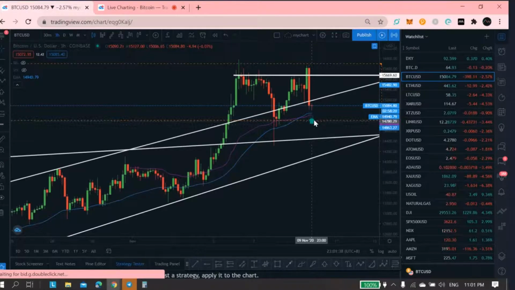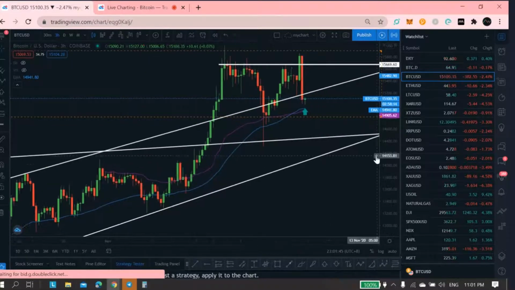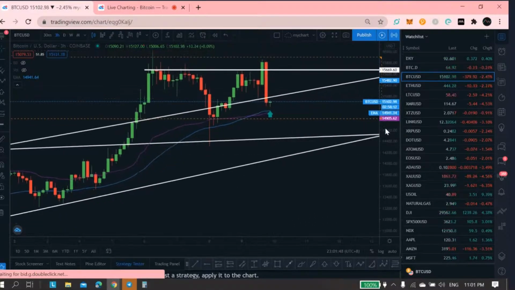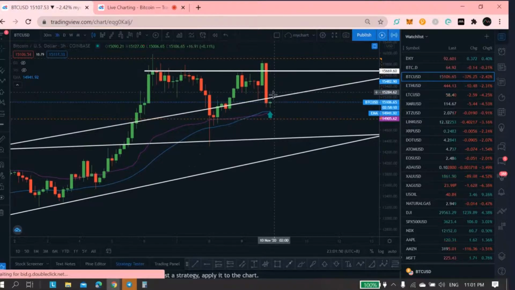Let's see if it holds. Oh, at least it seems like it's holding. So hopefully it will go back to this area. There. There.